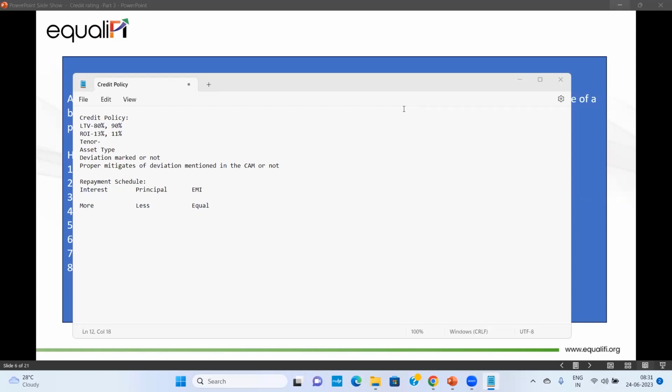If you are funding an auto, whether it is a used asset or a new asset, at any point of time your principal outstanding should be lesser than the market value of the asset, which is not practical for a period of, say, around 20 to 30% of your loan tenure. In that initial time, your principal outstanding will be more than the market value of your asset. But beyond that, there is a break-even point where the collateral gap will be positive.